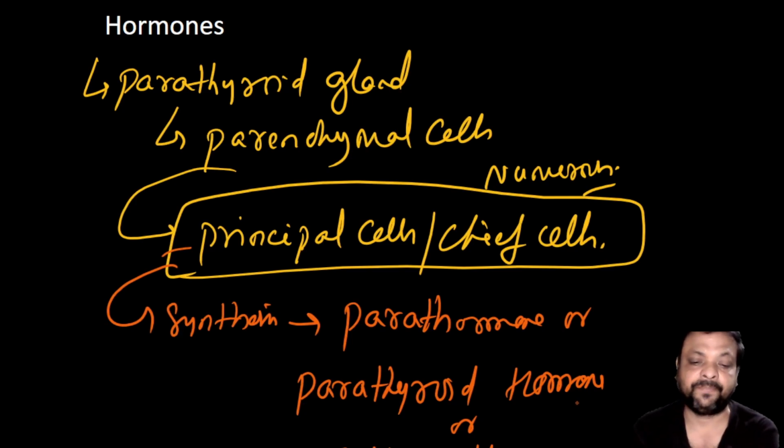So we came to know that only one hormone is synthesized by the parathyroid gland, and this hormone is called parathormone, or parathyroid hormone, or Collip's hormone.